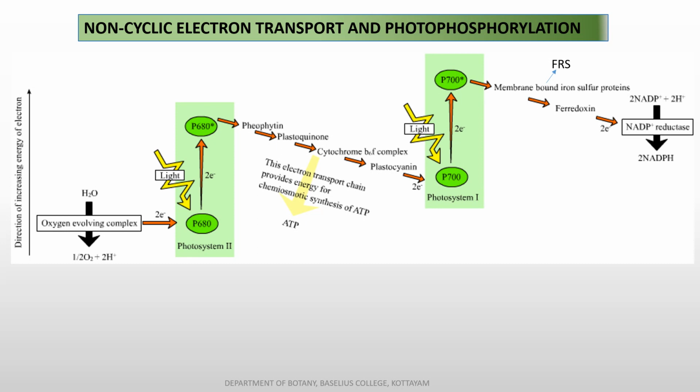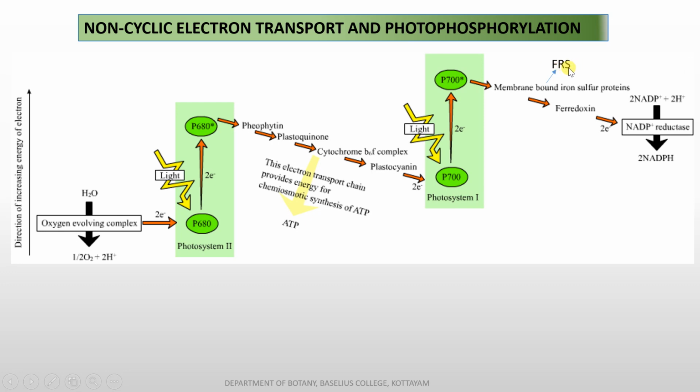I think this is better. You should write like this, to avoid confusion. Just write ferredoxin reducing substance. It can be whatever it is, A0, A1 or membrane bound iron sulfur protein, so you just write it as FRS.